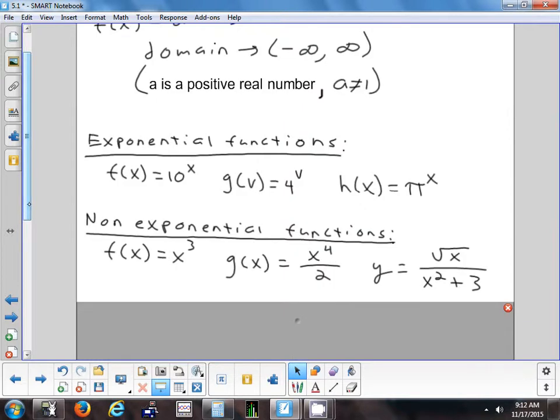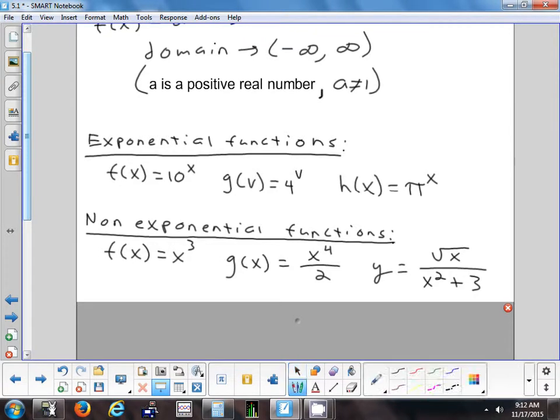Okay, these are not exponential functions. x cubed. Okay, I said earlier what this was called. What's y equals x cubed? It's a cubic, but what's that big category it falls under? It's a polynomial. Okay, that's not exponential. This is also a polynomial.